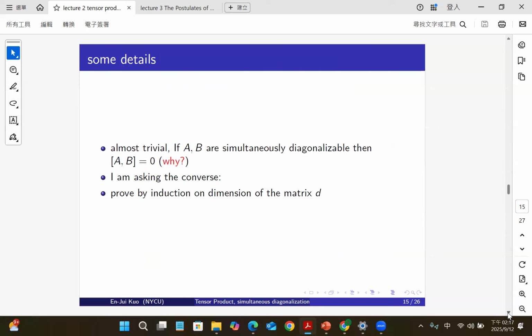So the non-trivial proof is the other direction. Let me say this. If A and B are simultaneously diagonalized, that means there exists a basis such that A is a diagonal matrix in that basis, and B is also a diagonal matrix in that basis.